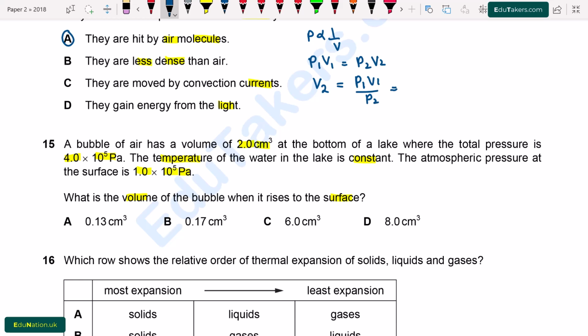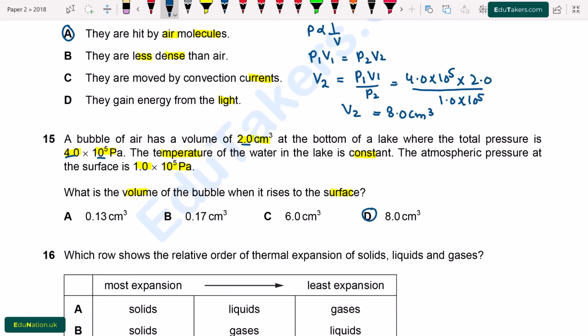P1 is given 4.0 times 10 to the power 5 Pascal, while V1 is also given 2.0 centimeter cube, divided by P2, 1.0 times 10 to the power 5 Pascal. So volume V2 will be equal to 8.0 centimeter cube. From here, option D is correct.